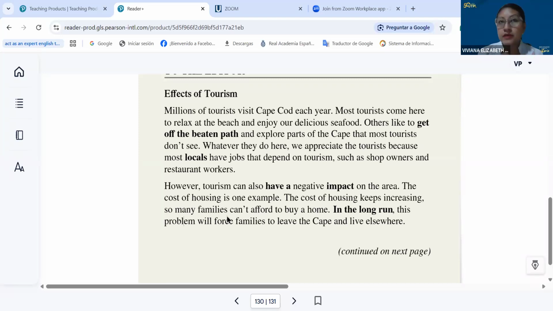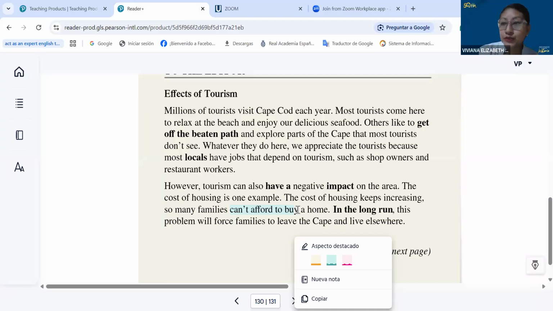Maybe locals or people who want to live there in Cape Cod can't afford to buy a place to live. So what happened? Even the locals need to leave Cape Cod in order to find a cheaper place for living. So that is the negative impact.